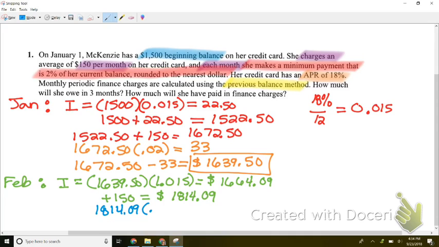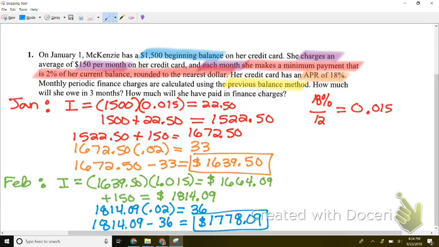So times 0.02. Rounded to the nearest dollar is $36. And since that's a payment, that's going to get subtracted from my balance. And now my ending balance in February is $1,778.09.